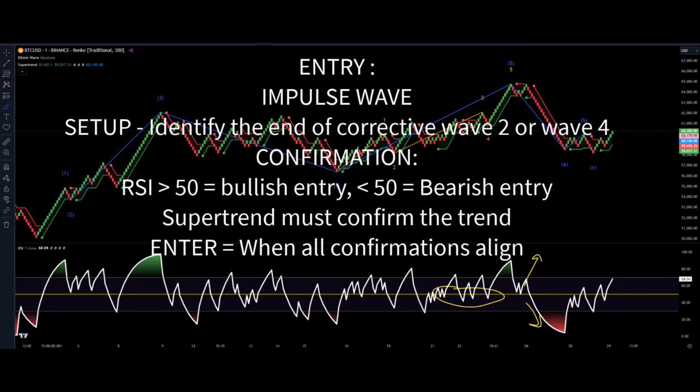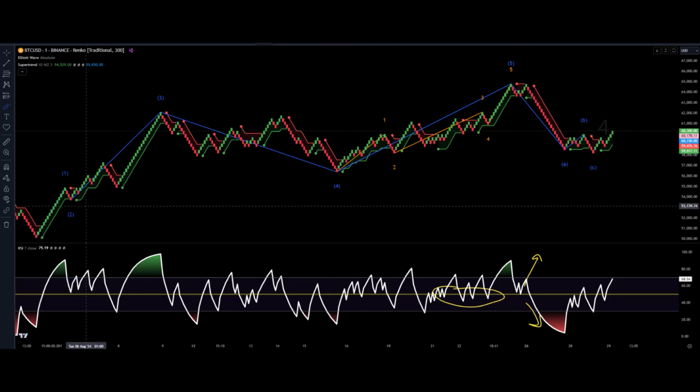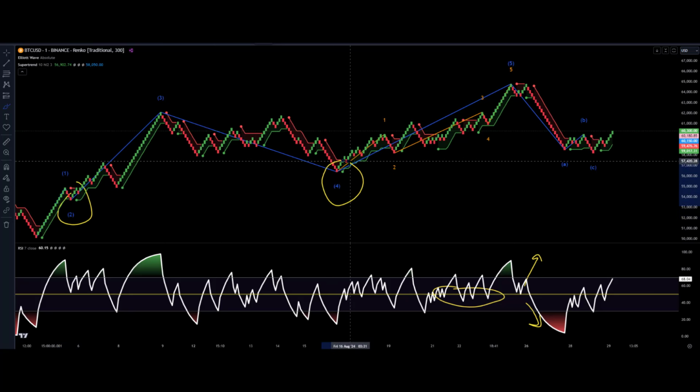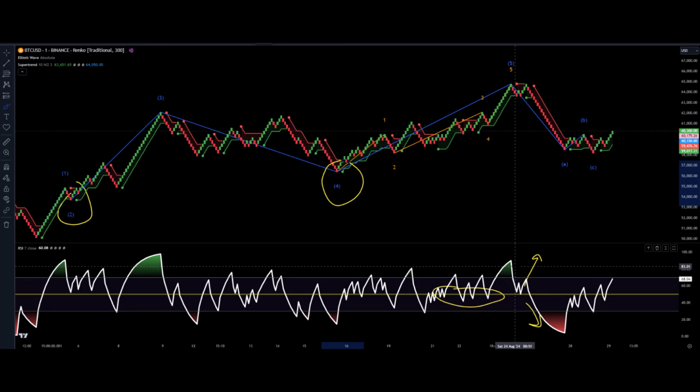Remember what I said, as you can see marked on there, above 50 it's bullish, below 50 it is bearish. So let's just quickly recap. We're looking for the 2s and the 4s, and we're then looking for the RSI to be above or below 50. And then we're looking for that change in the Renko bricks.